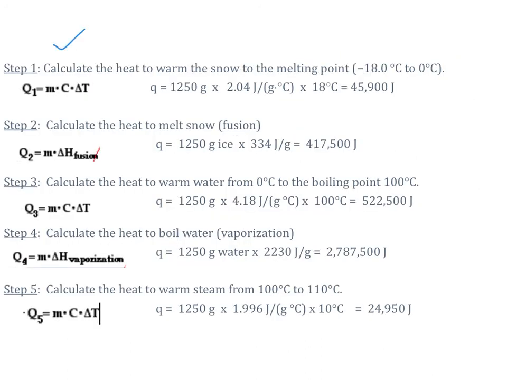Here are each of the 5 steps, plugging in the values, mass. You must be given specific heat capacities, okay? Please remember that the specific heat capacity is different depending on the phase of matter. For example, in step 1, it's ice or snow, right? That's frozen water. So the specific heat capacity for frozen water is 2.04.